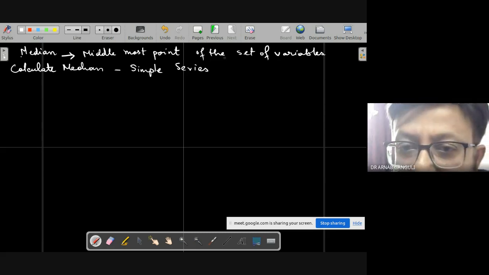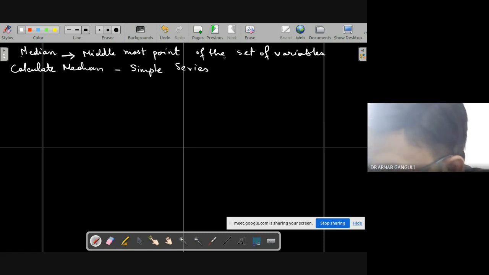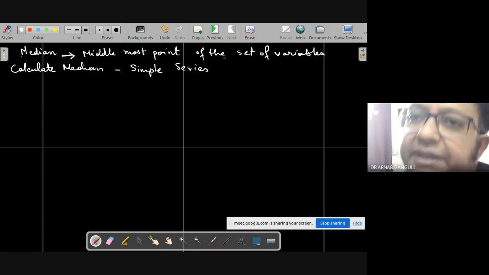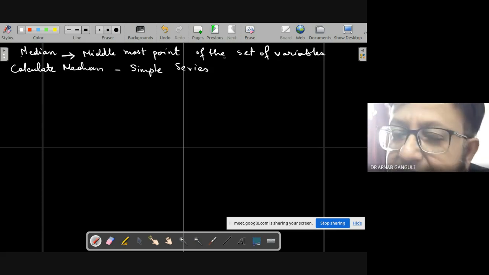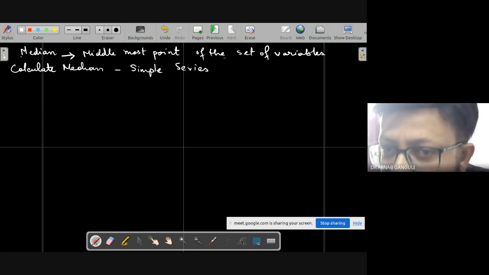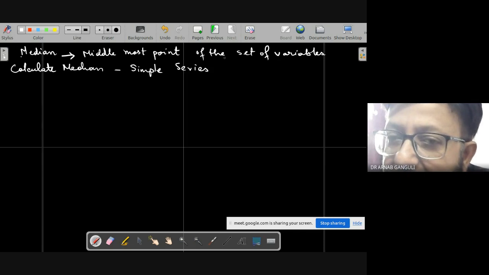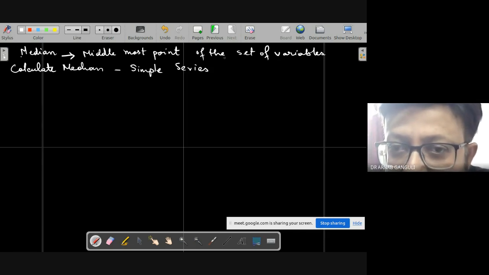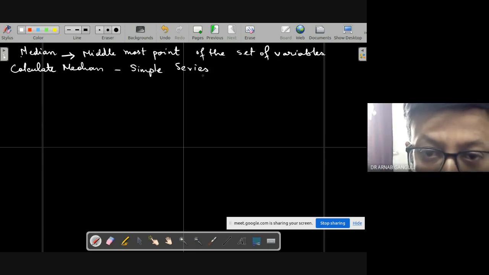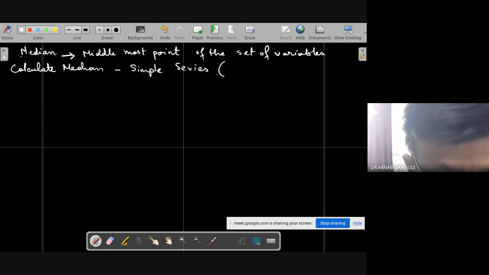You have not grouped the data like in your CGPA system: 70 to 80, 80 to 90, how many; 60 to 70 how many, 70 to 80 how many. So that is the group. But when you just have the raw data all together, then it is not grouped. So you use this for ungrouped data.